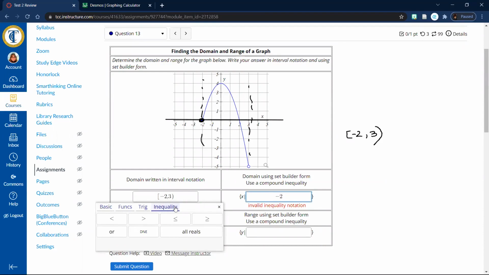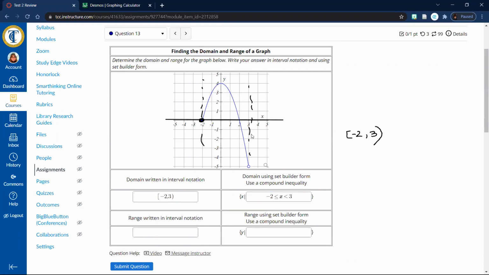Careful. If it starts at -2, -2 is not greater than. X can be greater than. So it's less than or equal to x, and where does it stop? Less than 3. Yeah, less than 3.